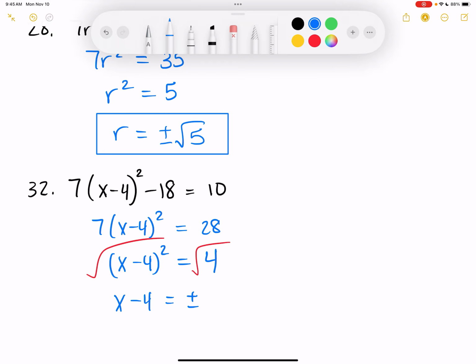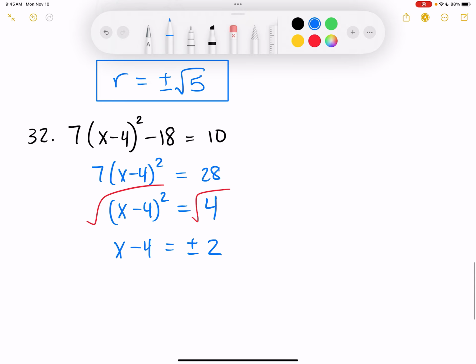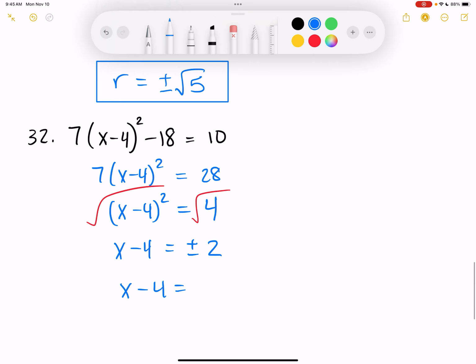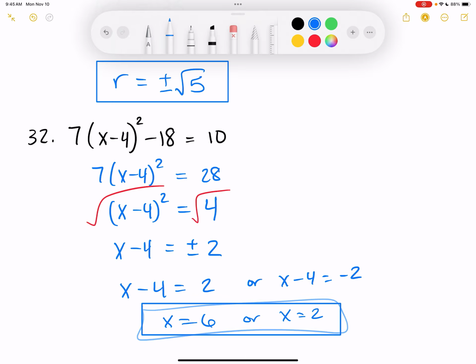Now, look at this. I can't add 4 to plus and minus 2 at the same time, so I'm going to need to split these. x minus 4 equals 2, or x minus 4 equals negative 2. Now I can add the 4 over. x equals 6, or x equals 2. So that has 2 totally different answers there.